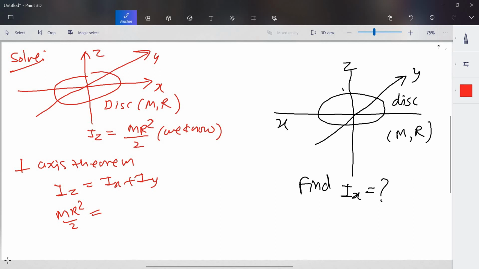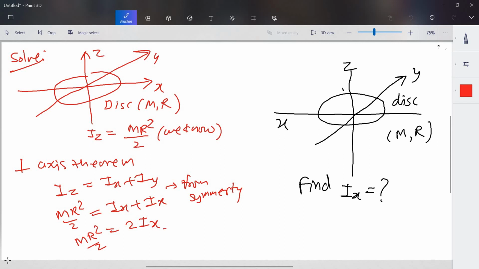from symmetry, you can write down Ix plus Iy equal to 2Ix, and here mr square upon 2.